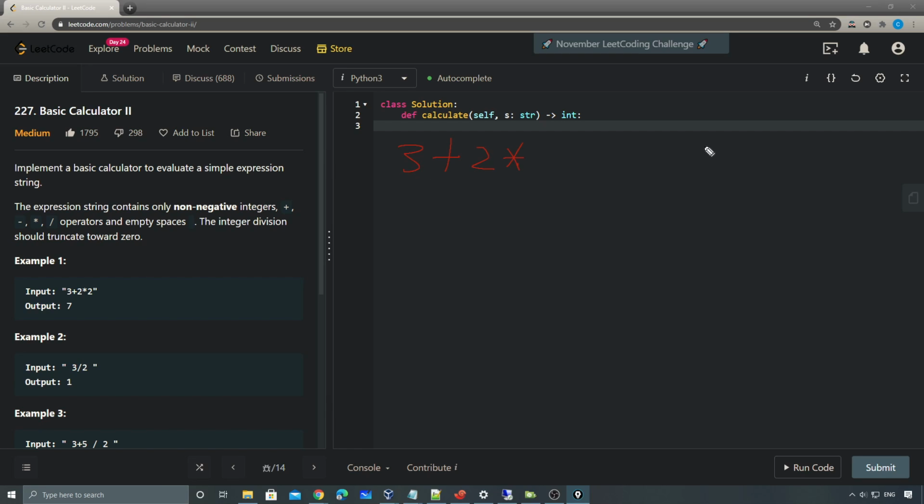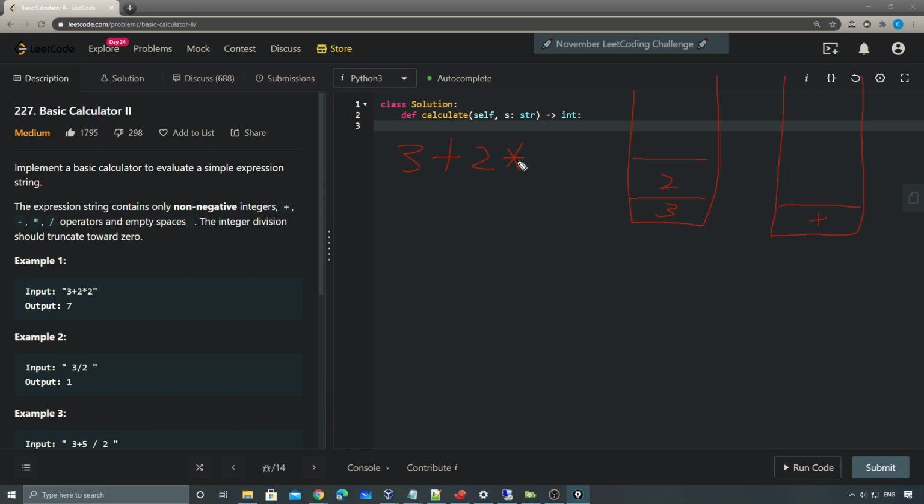At this moment, we have two stacks. The first stack has 3 and 2, and the second stack is the operator stack, which has a plus here. Now we're at this multiply. It depends on the priority of the operators.